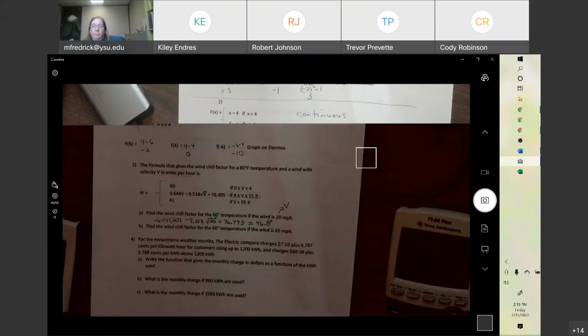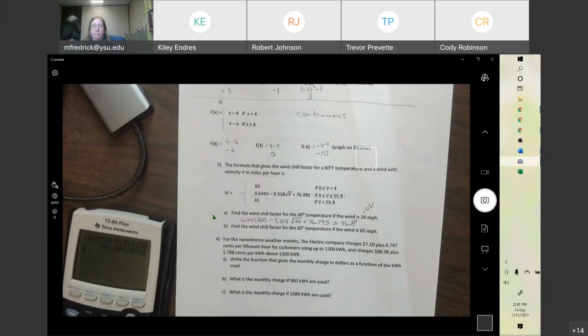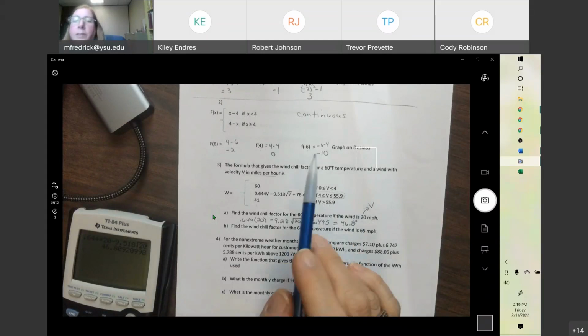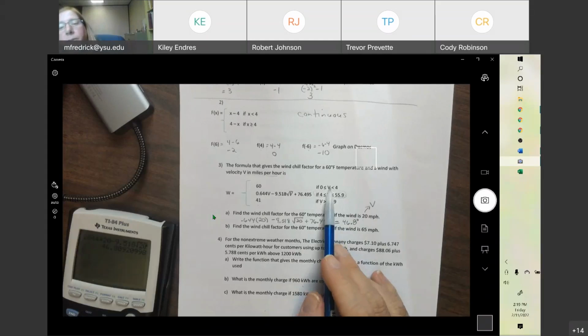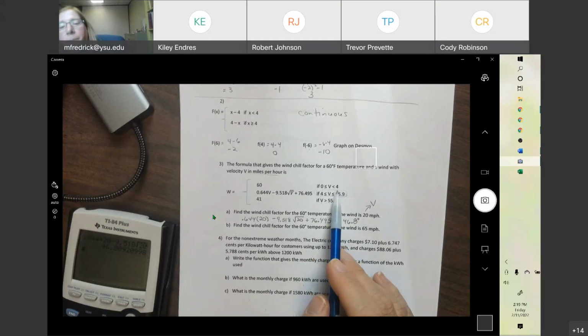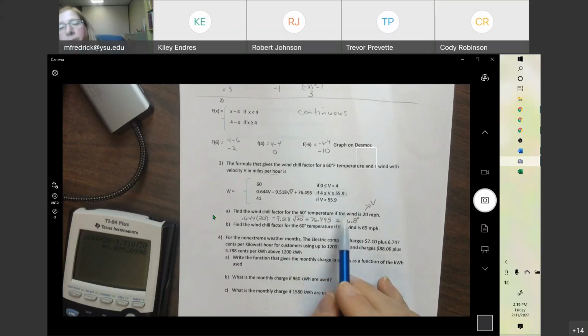Anyone? See where 65 falls. It's not between 0 and 4. It's not between 4 and 55.9, but 65 is greater than 55.9. So it falls in the bottom.